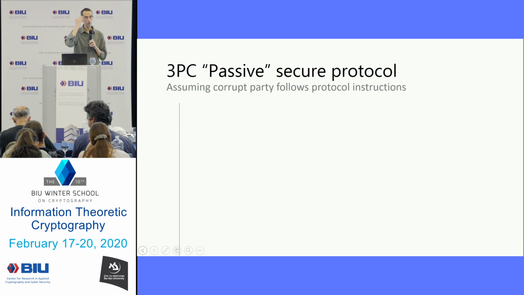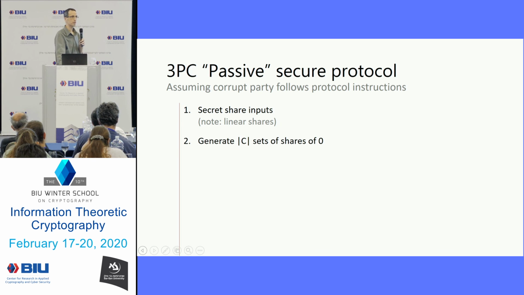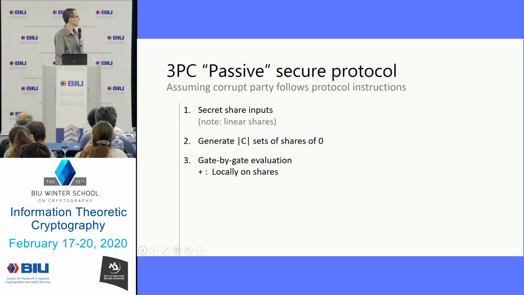Okay, so what we had so far is the following template. We had sequence shares of inputs. We generated shares of 0. We evaluated gate by gate. If it was addition, then local evaluation.